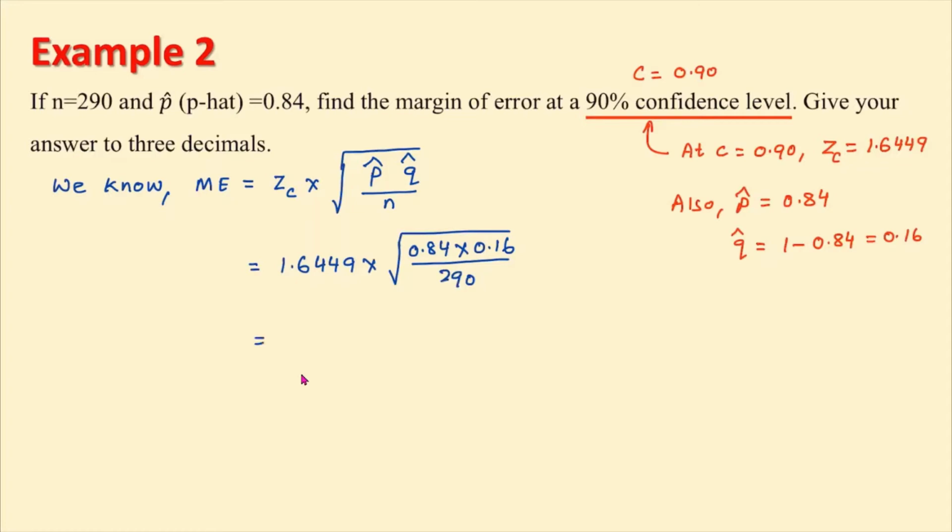Now to find the margin of error, all we need to do is type this in our calculator and simplify. If you do that, you should get 0.035. So the margin of error for this problem is 0.035.